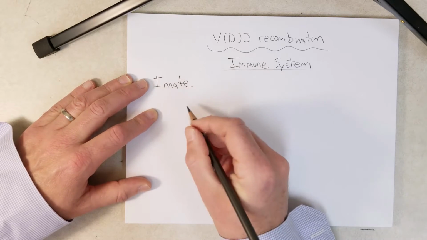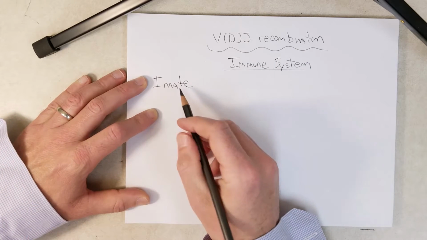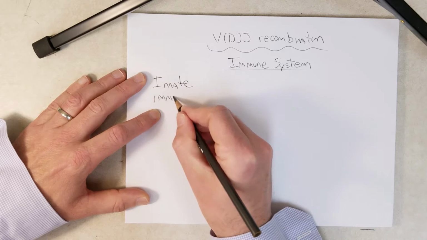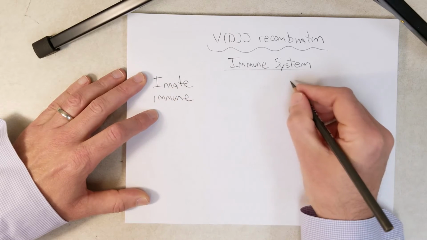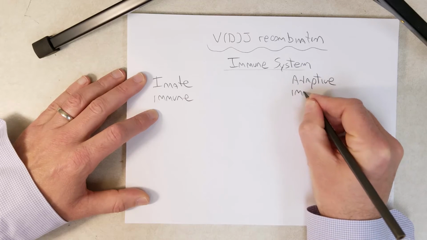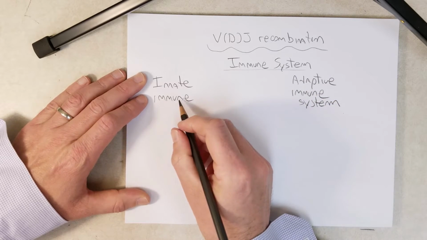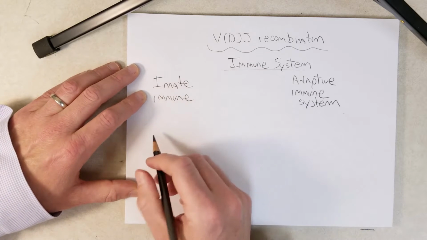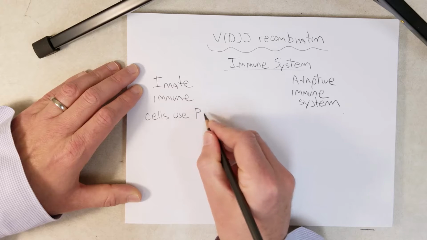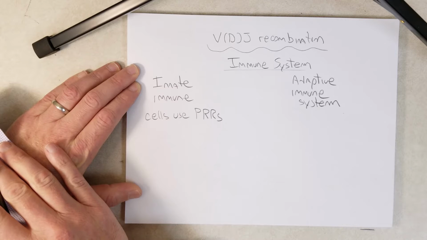So we can divide the mammalian immune system, and we're going to try and focus on humans, the human immune system, into the innate immune system and the adaptive immune system. There are many different types of cells in the innate immune system, and these cells tend to use receptors called PRRs, for pattern recognition receptors.